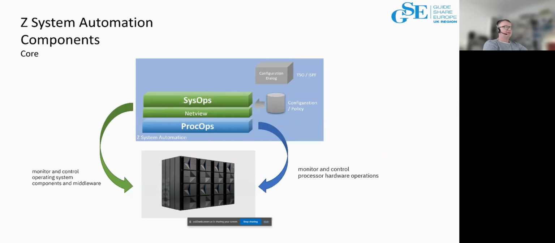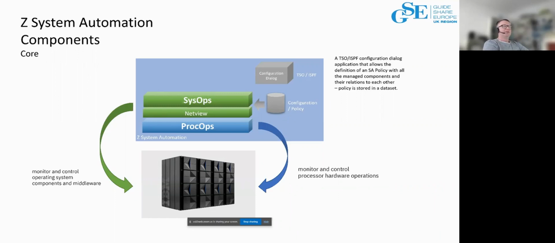It is possible to interact with the mainframe and reconfigure the hardware, to enable more processor speeds and extra processors or fewer processors, to grow and shrink. So this is all more on a hardware basis, whereas SysOps is more on the software basis, the automation. And last but not least, the component I want to mention is the configuration dialog.